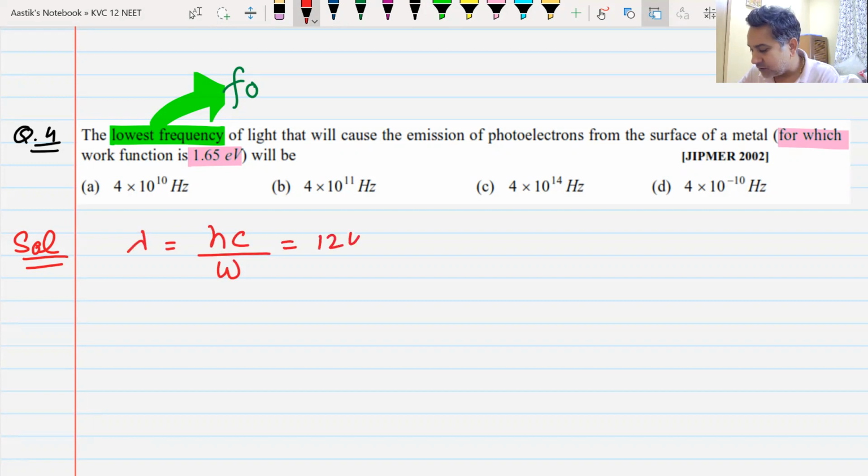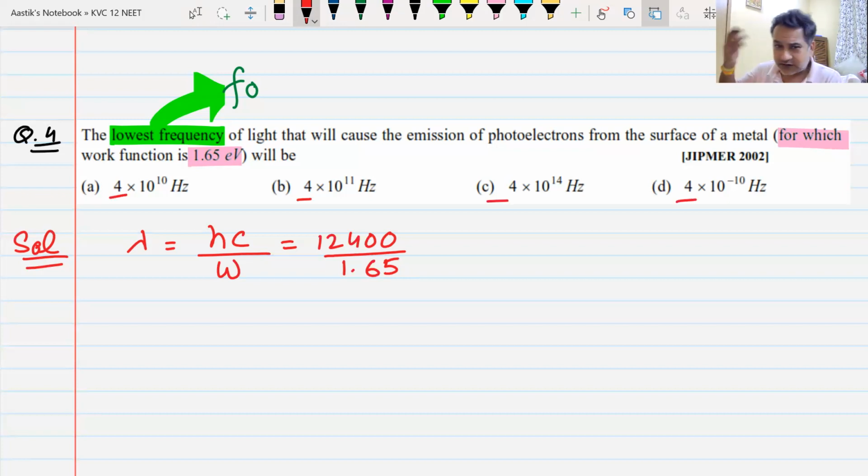You can put 12,400 here and 1.65 over here. Remember, you have to get an approximate answer, and here, if you look at the terms, everything is 10 to the power 4. So you basically need to get the correct value of the power, nothing else.